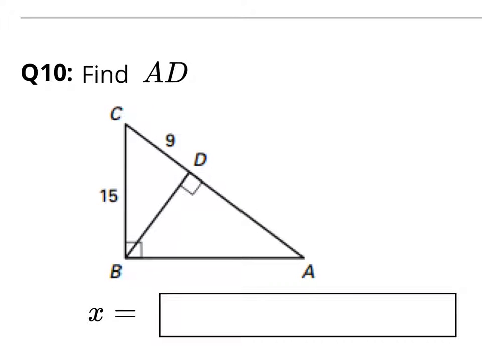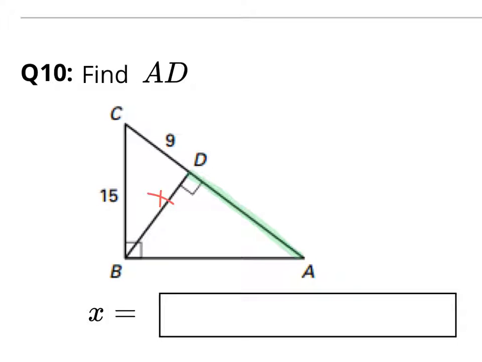And then here we want to figure out AD, so that is this leg right here. In order to do that, take what you got for BD in the other problem, whatever you got here, and then we need to make a proportion.